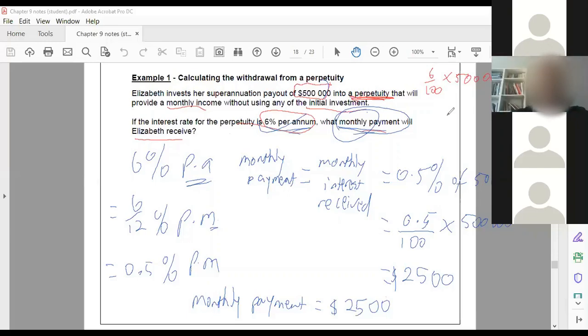And when I do that, I end up getting 6 5s are 30, 1 2 3, 1 2 3, 30,000, but that's the interest for the yearly. And then if I divide this by 12, that should give me $2,500 for the month, because it's 12 months in a year. So you'll get the same answer. I prefer to do it the blue way. Any questions?